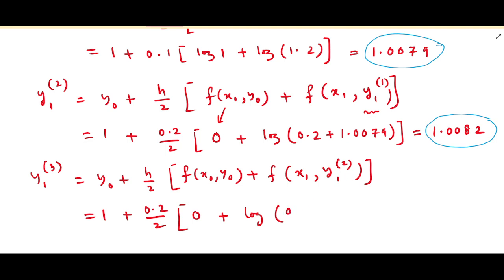Okay, x1 is 0.2 plus 1.0082. So if you calculate, you'll get a value 1.0082. See, same number, right? So y1 to the power 2 and y1 to the power 3 are exactly the same.